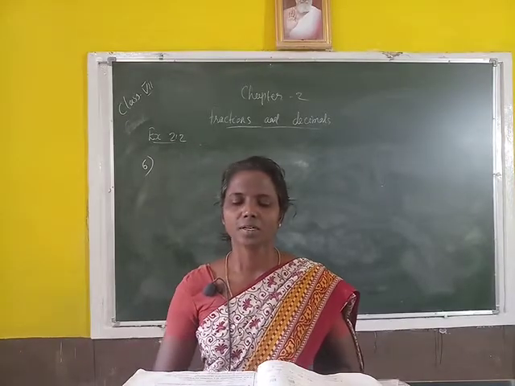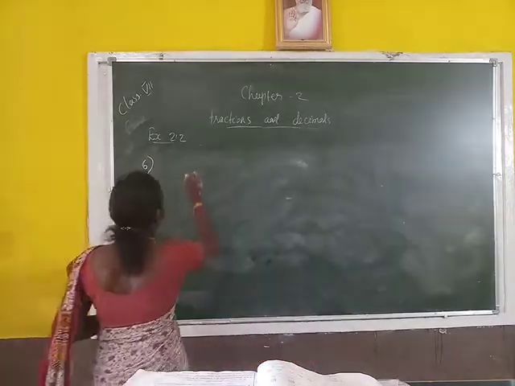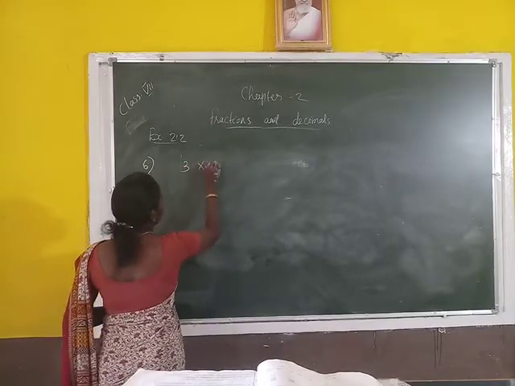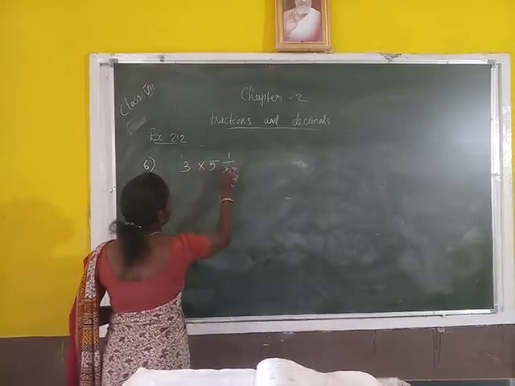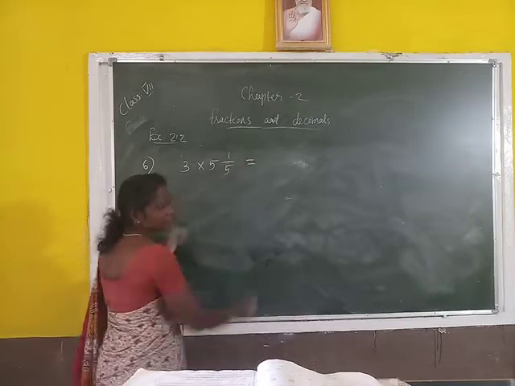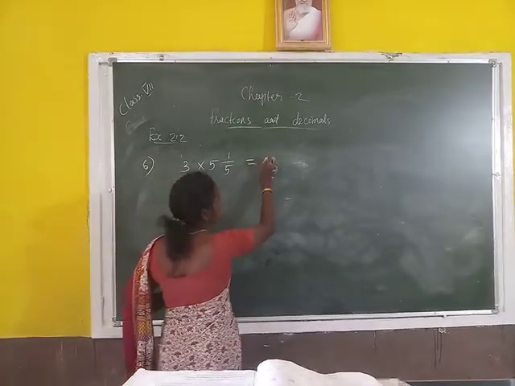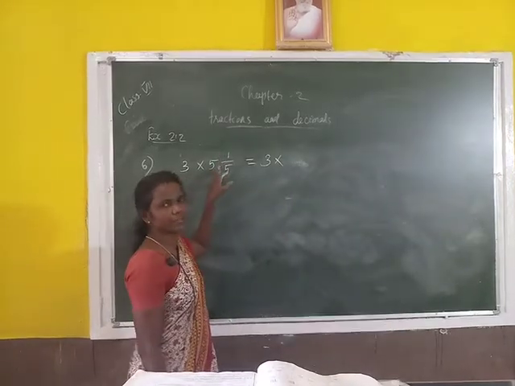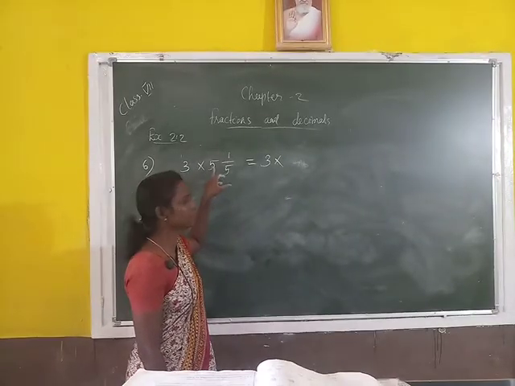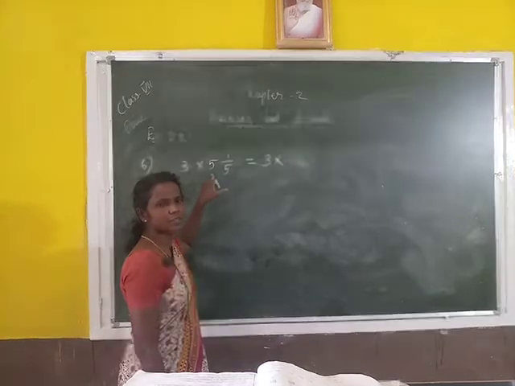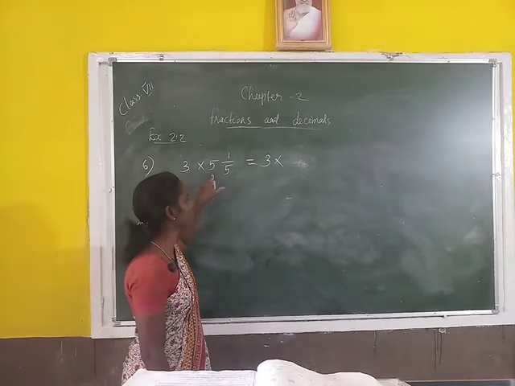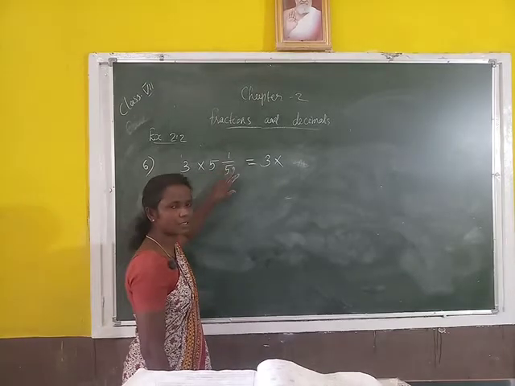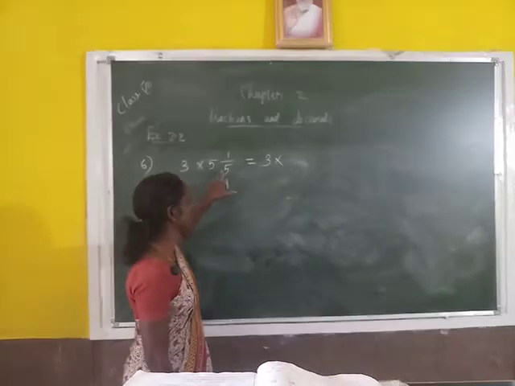First question, look, 3 multiply 5 1 upon 5 is equal to. Listen here, this is 3, a whole number. So we write this whole number, multiply. Then 5 1 by 5, which type of fraction is this? This is a mixed fraction. So this mixed fraction will come. First we convert this mixed fraction into improper fraction.